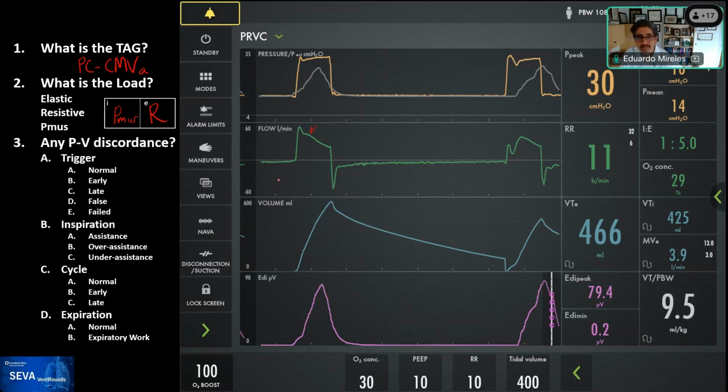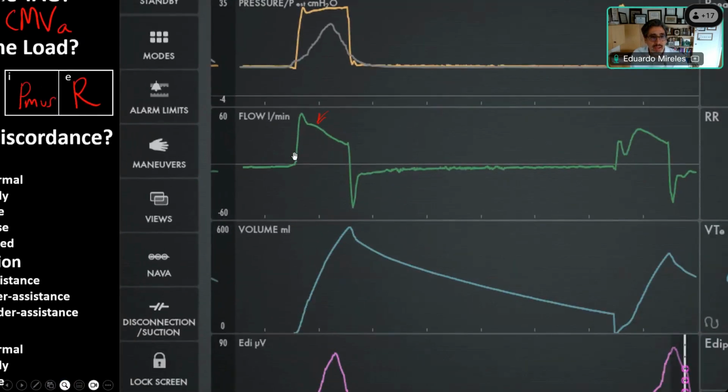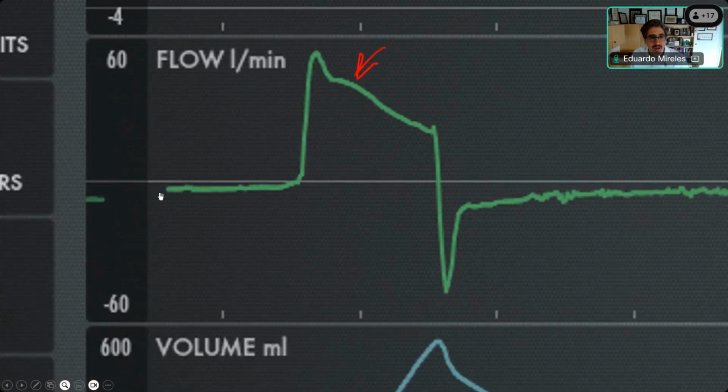This is not NAVA, so this is PRVC. But we have the NAVA signal that helps you see where the PMOS started. And if we look just at the flow signal, let's imagine that you don't have the NAVA signal. So I'm going to make this a little bit bigger. Now you can see here how the flow was coming. It was not reaching baseline, and suddenly it starts moving up, right?